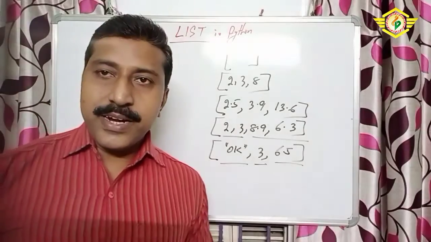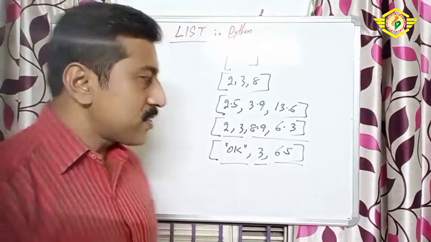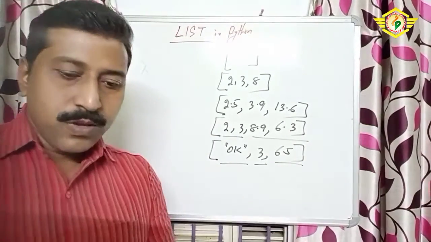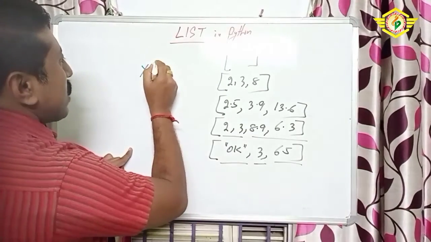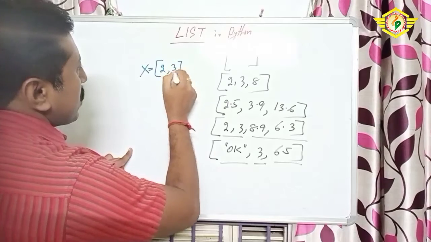A list can be created, as I have already told you, by using square brackets. Suppose we take one example, x equal to 2, one data, then next comma 3, like that.